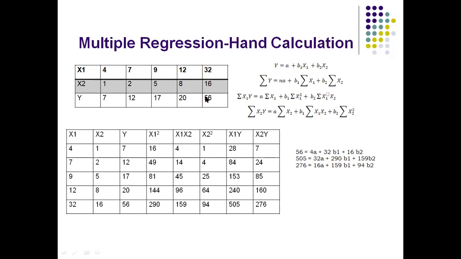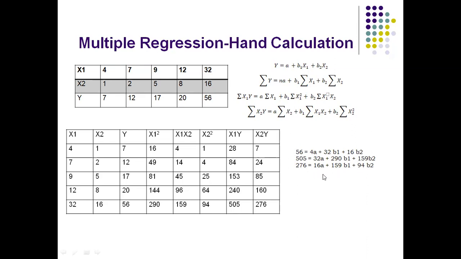And this is basically the sum of x1, so you discard this one. That is 4, 7, 9, 12. So 4 observations we are having, so 4a plus b1 summation of x1. From here you can also say this is equal to 32, plus b2 times summation of x2, that is equal to 16.